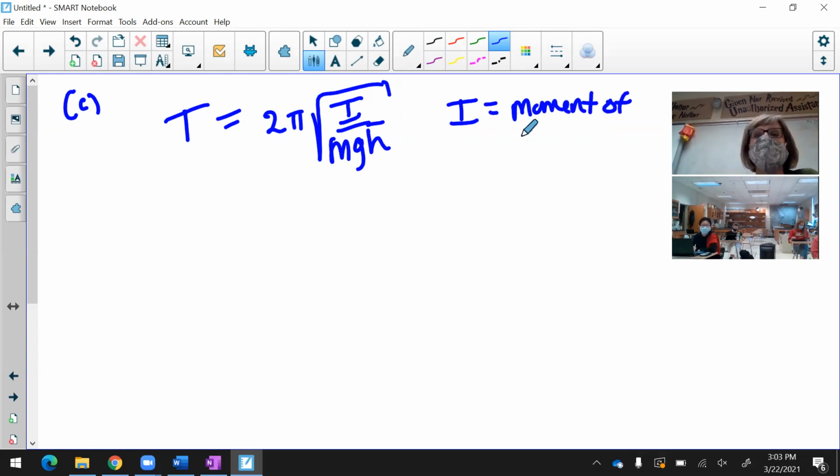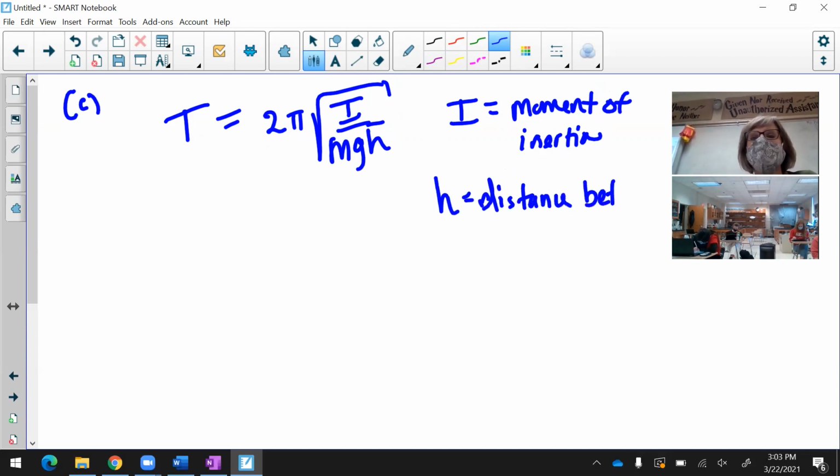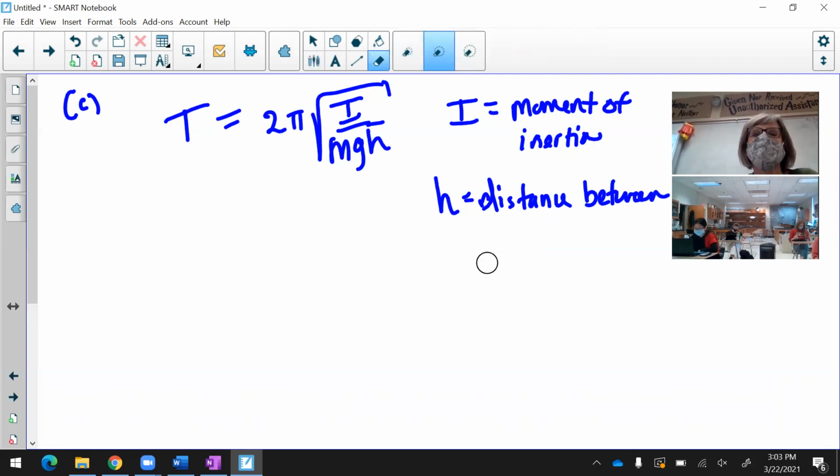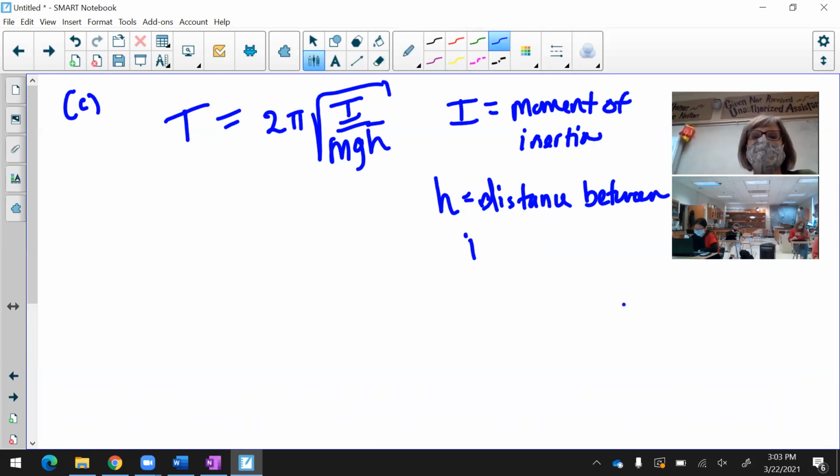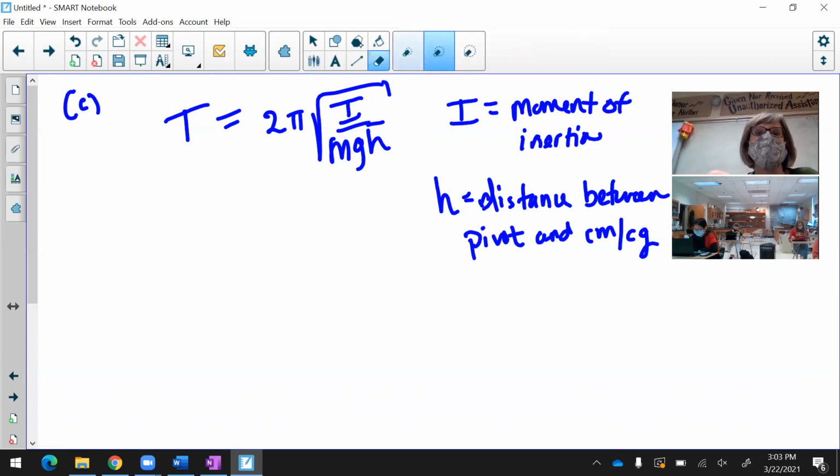I is going to be the moment of inertia, and h is the distance between the pivot and the center of mass, or as we'll talk about later this week, the center of gravity.